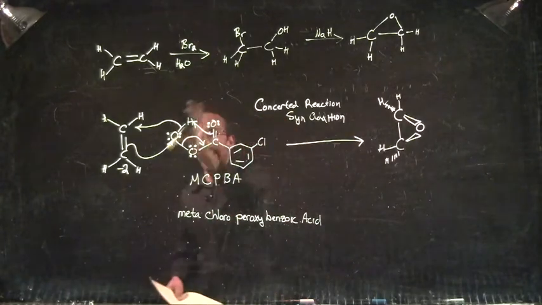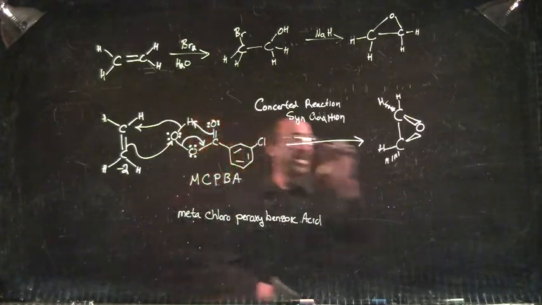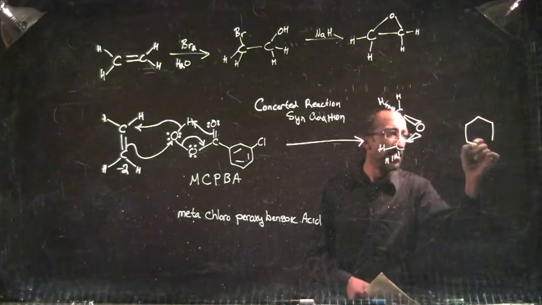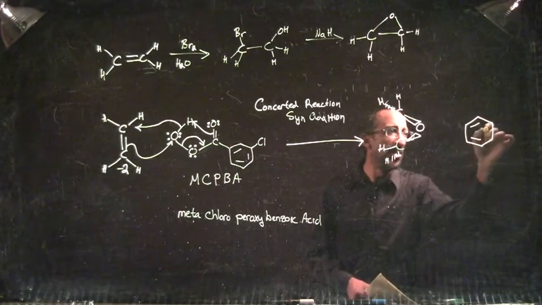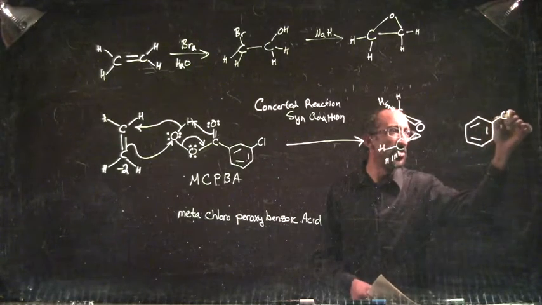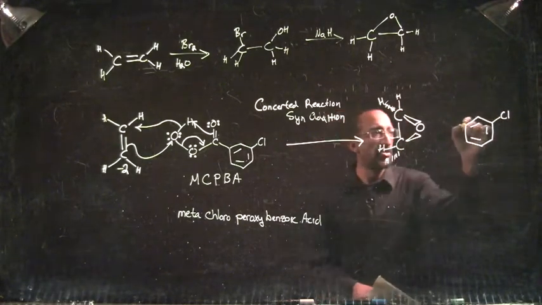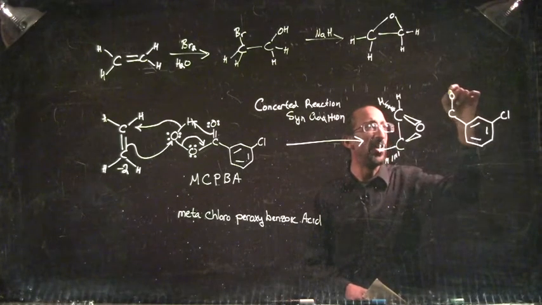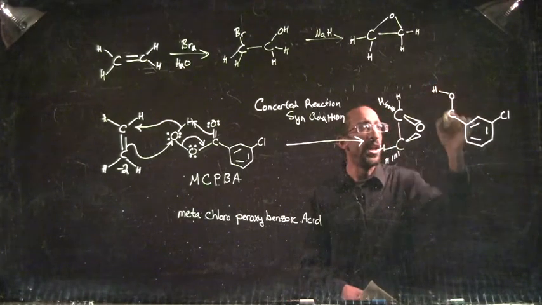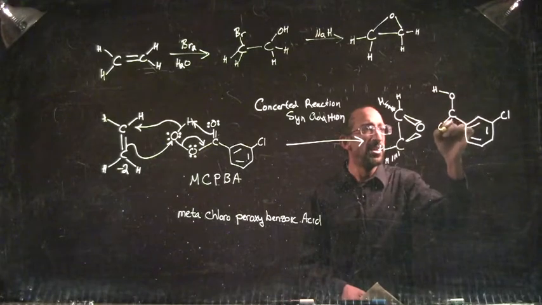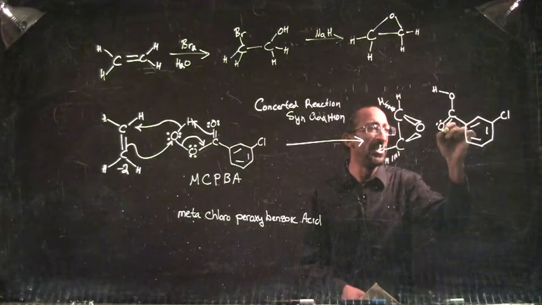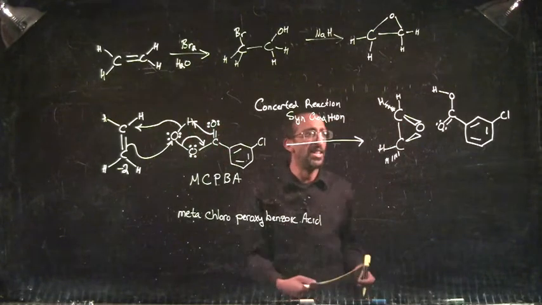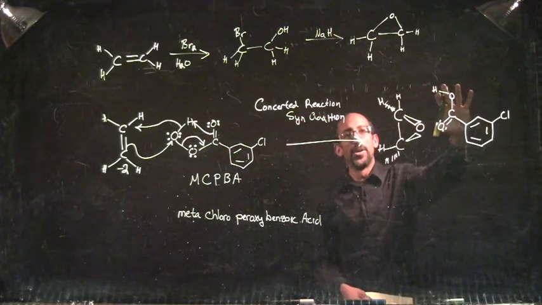And if we track what happened to MCPBA, and now here I'm going to hold everything constant and just track the movement of my electrons, here's that carbonyl oxygen. This is now an OH, where that hydrogen was, and that's where my carbonyl is. I have taken my peroxybenzoic acid and made it just into a benzoic acid.